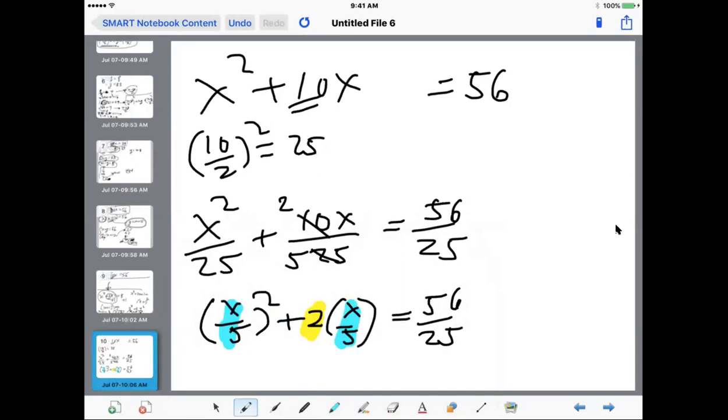And you can investigate how we can be sure that that always works. I think if you just say x squared plus bx equals c, and let's call it 2b, might be easier.